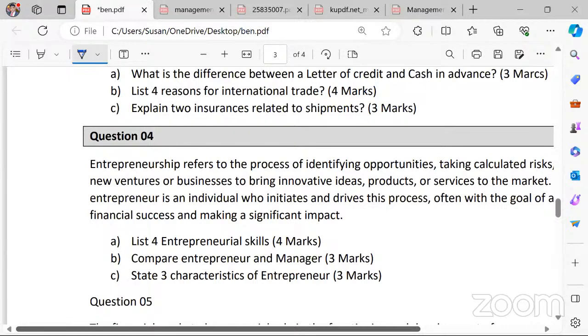Entrepreneurs should have leadership skills, right? They should be leaders. We have given a few skills. One is leadership skill. Another is interpersonal skill.